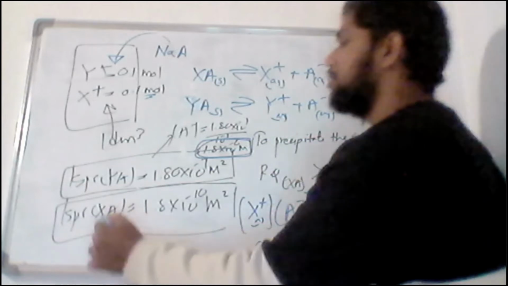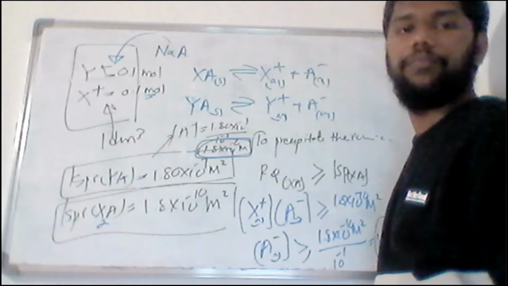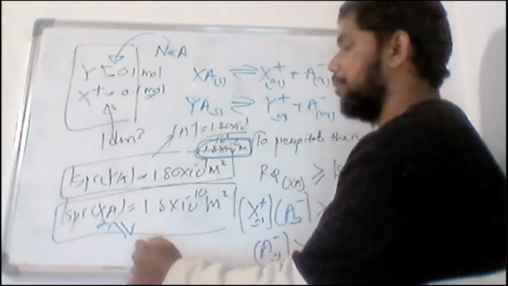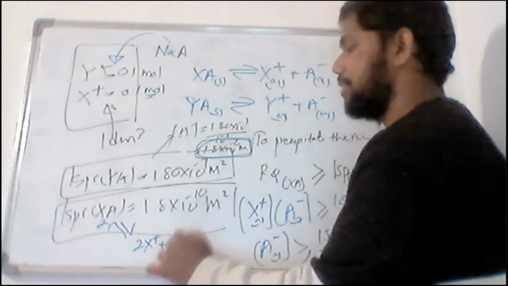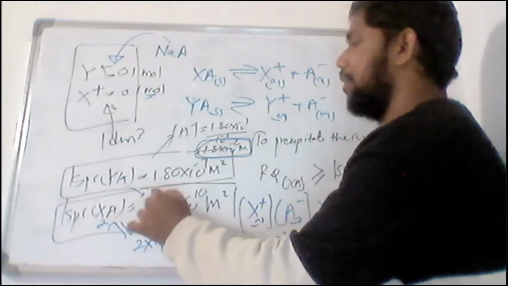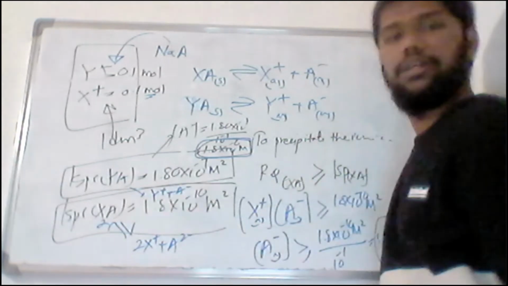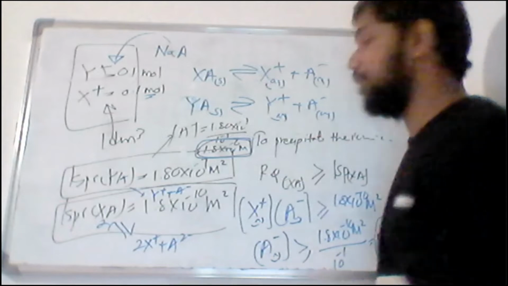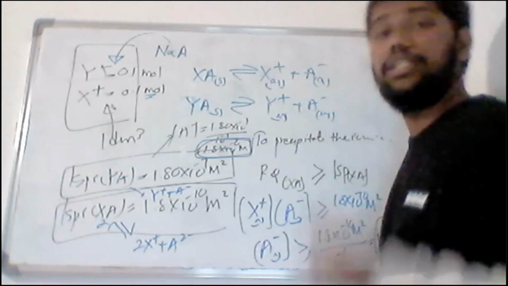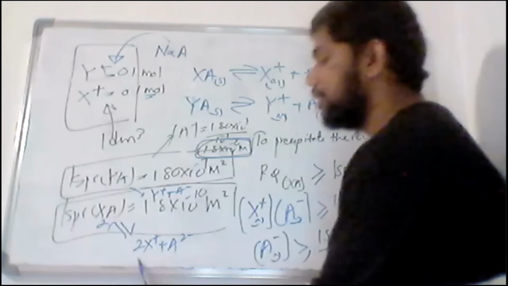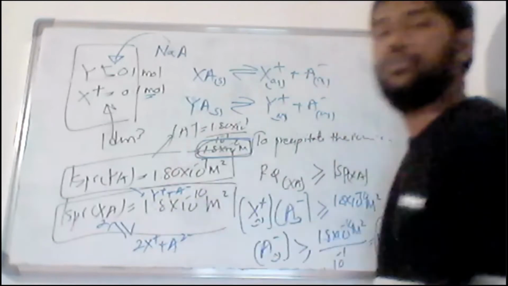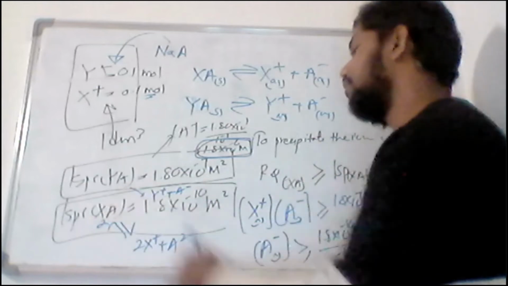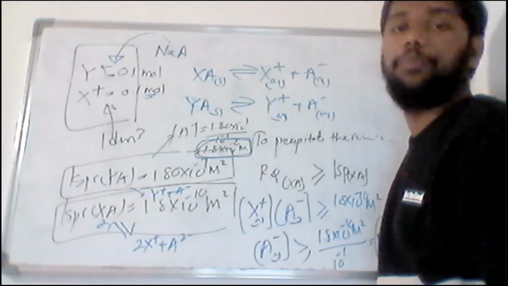But if this is X2A instead of XA, then when you think about its solubility, this should be 2X plus and A2 minus, and this will be Y plus A minus. So in this case, you need to understand the stoichiometry is not 1:1. This is not a 1:1 salt. Now this is a 2:1 salt with a 1:1 salt. So you cannot compare the KSP value of YA with XA at this point.